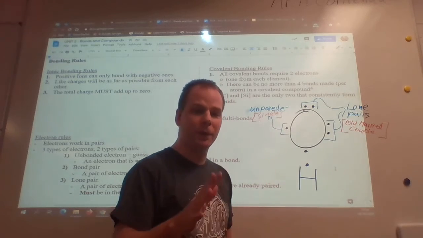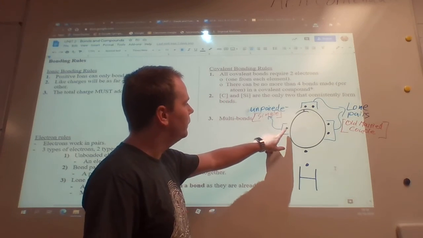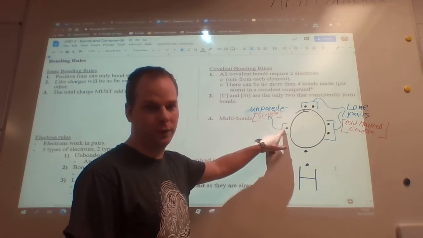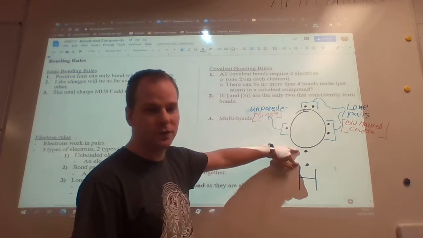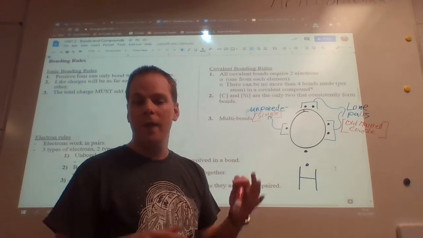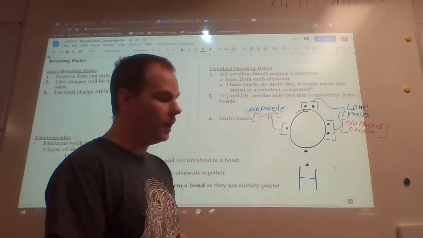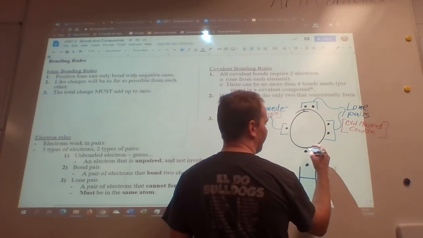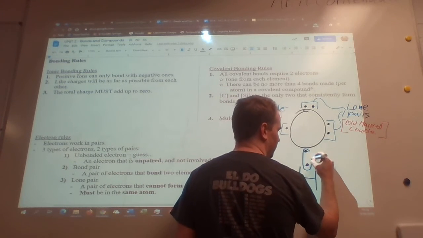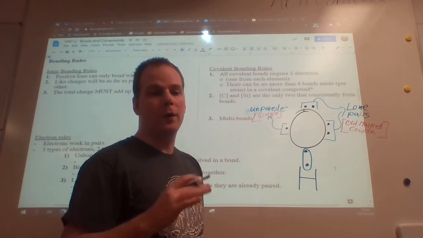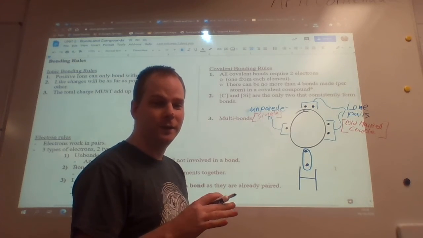Now, what can happen is, if you have 2 single electrons from different atoms who get close enough to each other, they can actually form a bond. These 2 electrons would be dating.